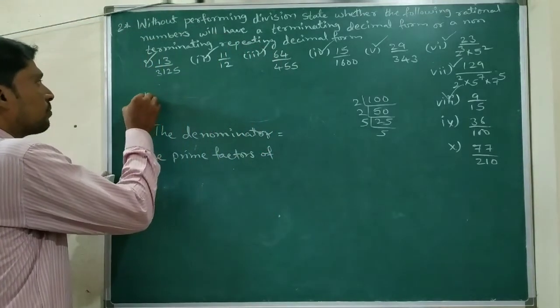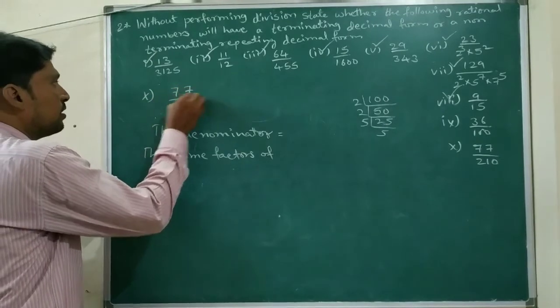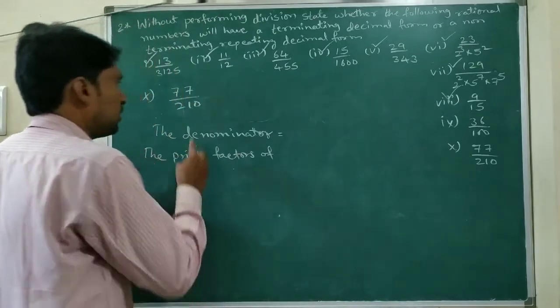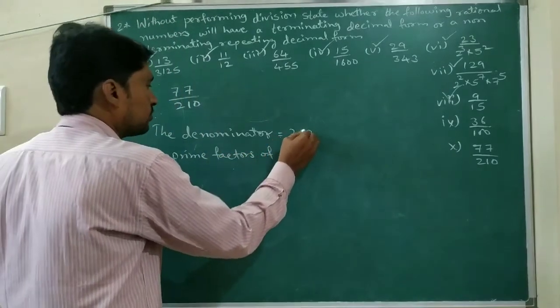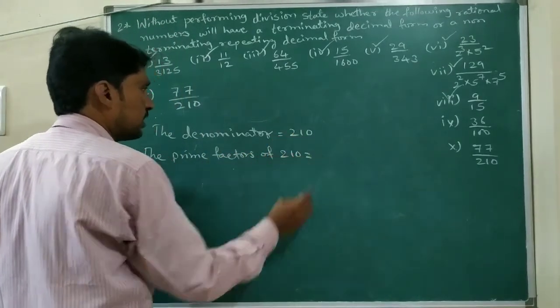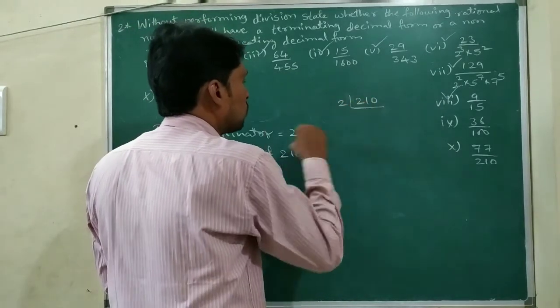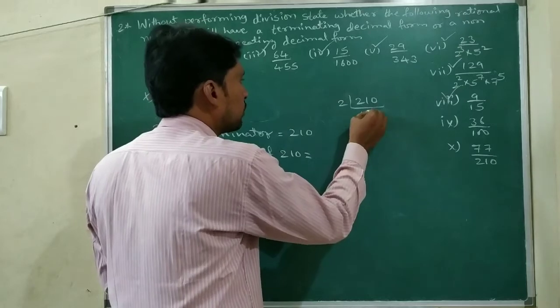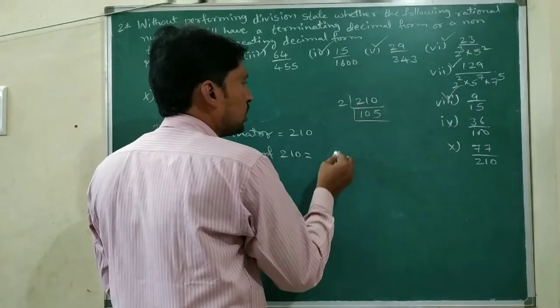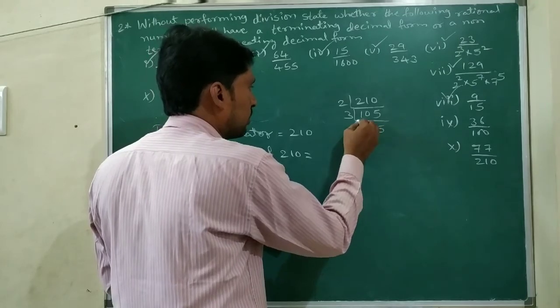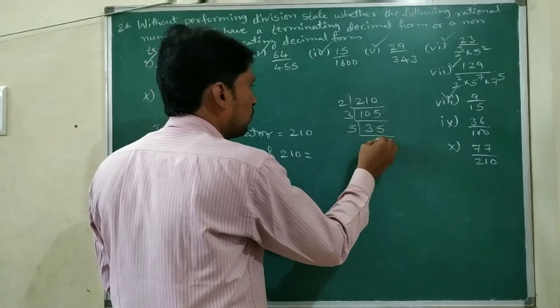So the 10th one, 77 by 210. Here the denominator is 210. The prime factors of 210: 2 tens are 20, 2 fives are 10; now 3 table, 3 threes are 9, 3 fives are 15; again 5 table, 5 sevens are 35.